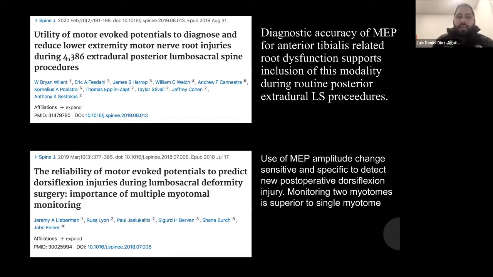And so we can see within this first article here that the diagnostic accuracy of MEPs for anterior tibialis related root dysfunction is improved by the use of motor evoked potentials and leads to improved outcomes following their use within lumbosacral procedures. And as an extension of that, the use of MEPs should really be focused on multiple myotomes to really improve the sensitivity and specificity in order to most accurately detect new postoperative injury in this situation, focusing on dorsiflexion injury.